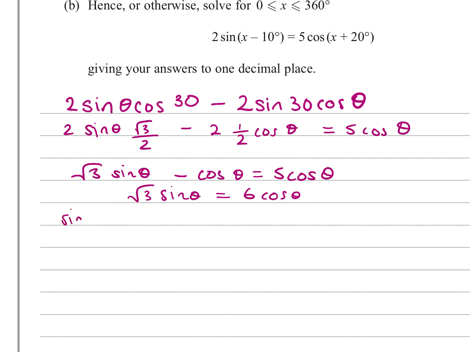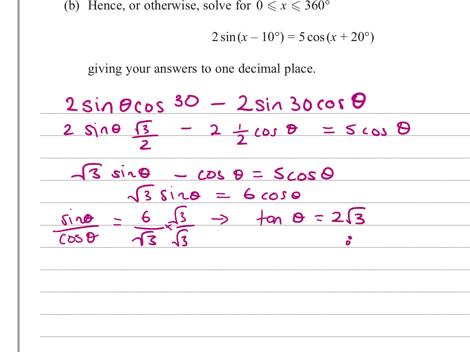So I'm going to have sine theta over cos theta equals 6 over root 3, which is tan theta, and then what they've done is they've rationalised the denominator. So I'm going to get 6 root 3 over 3, which is 2 root 3. Therefore, proved.